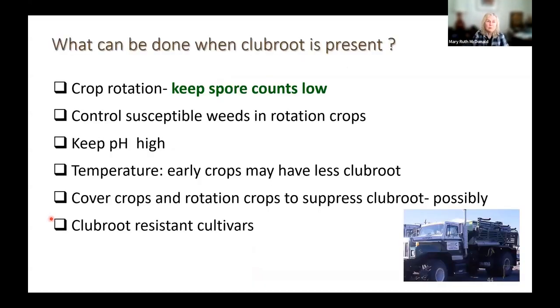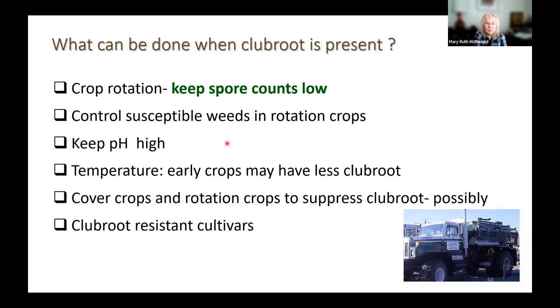So just to summarize, what can we do when clubroot's in a field? A 2-year break does help to reduce the resting spores in the soil. And if you're starting at 1,000,000, a 2-year break can be extremely effective in reducing the spore counts.